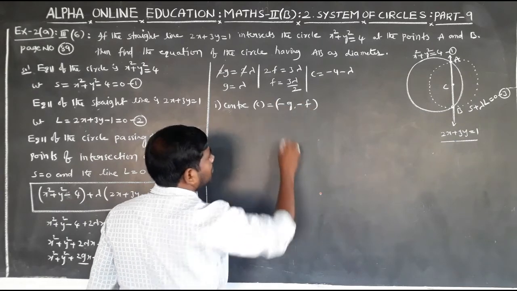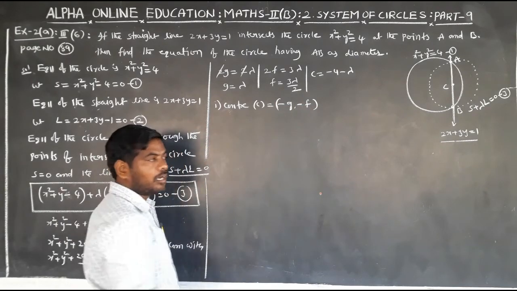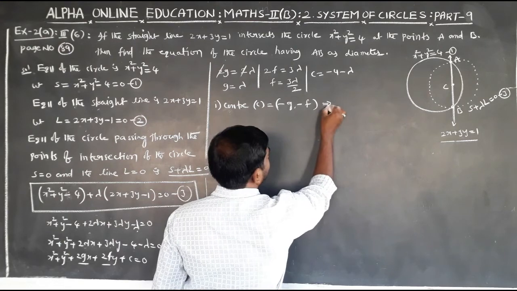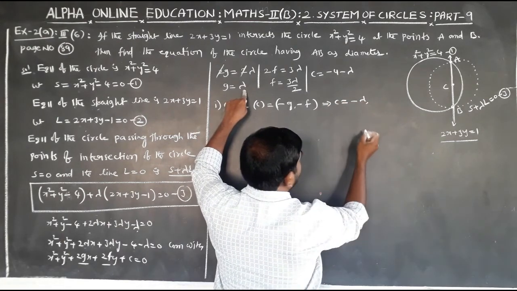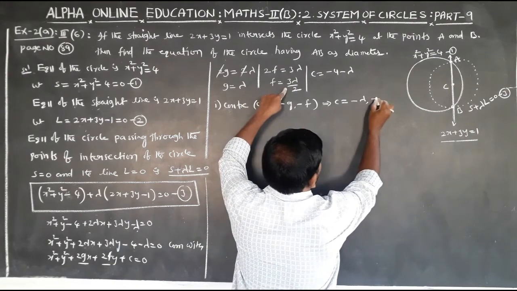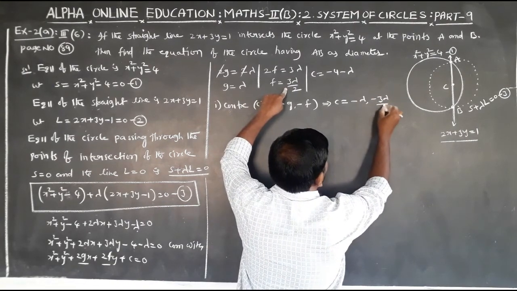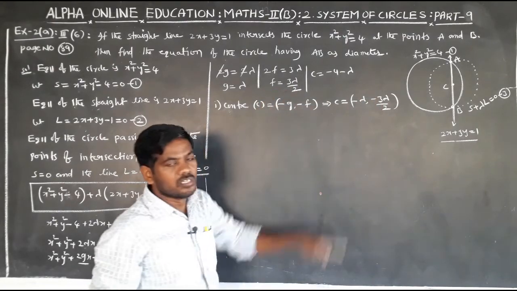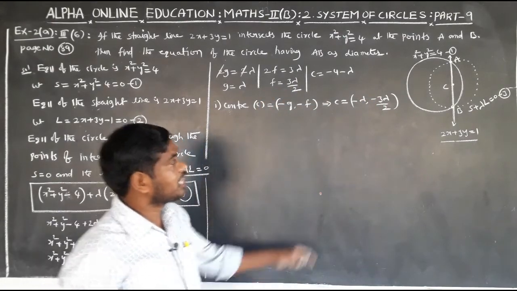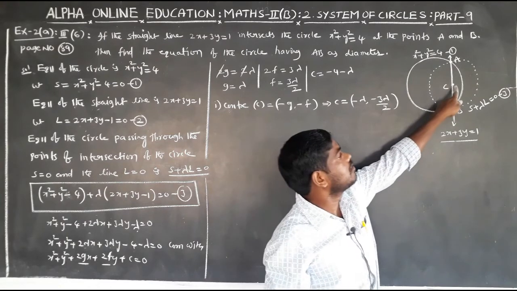The center formula is (−g, −f). So the center is (−λ, −3λ/2). This is the center.